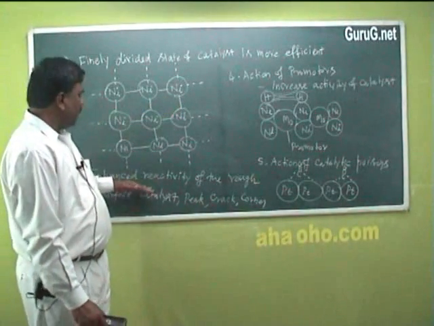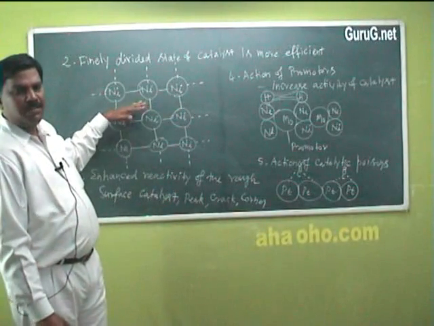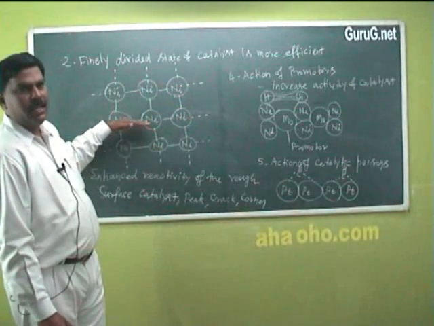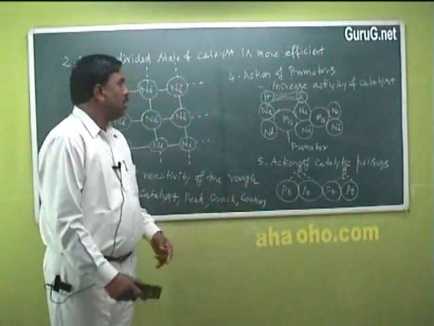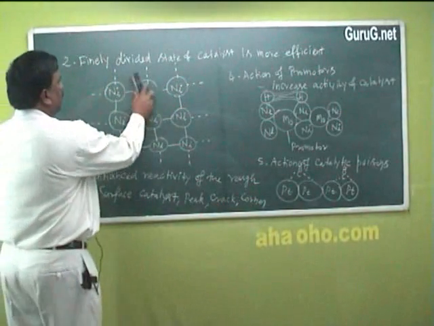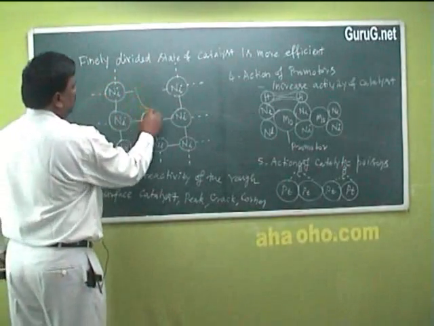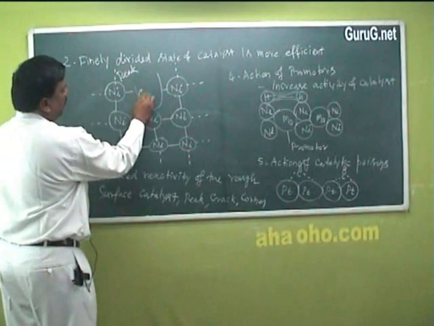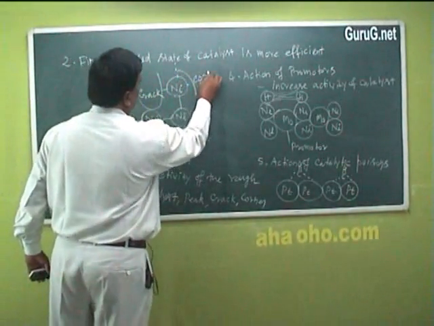And the second one is enhanced reactivity of the rough surface catalyst. When you increase the roughness of the surface of the adsorbent, the catalytic activity will increase. For example, it creates peaks, cracks and corners. Peaks means the highest nickel on one side, and this is a peak, and this is a crack, and this is corners.